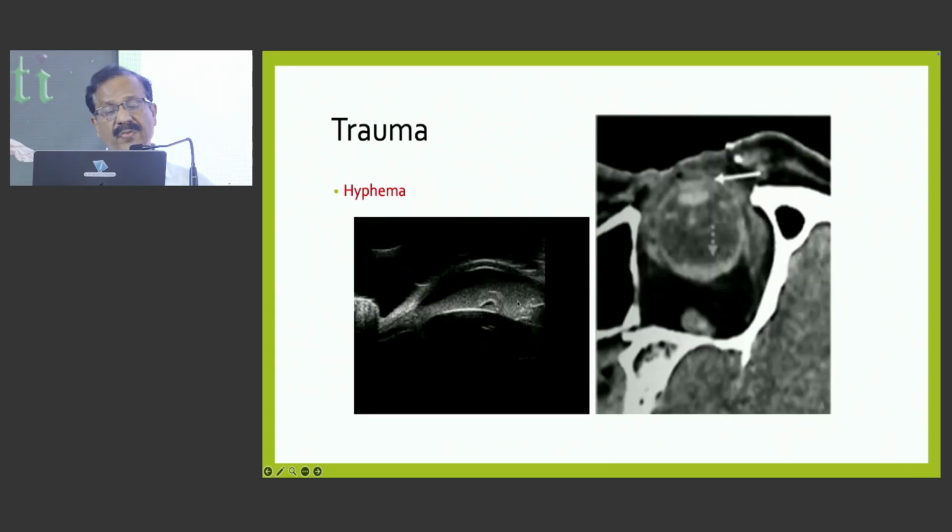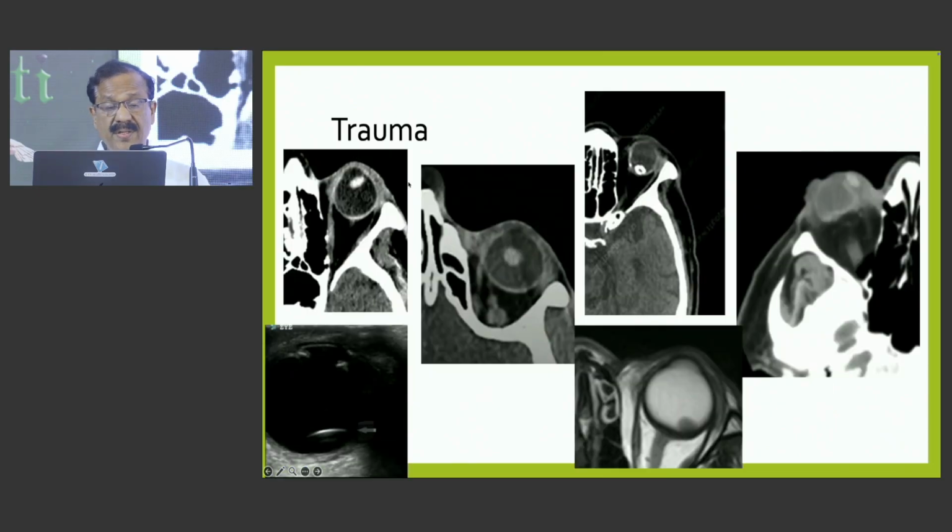Hyphema is presence of blood in the anterior chamber. We can see the lens here. This is the lens, and the anterior chamber shows blood. CT scan of the same patient. Trauma to the lens can cause subluxation like this or posterior dislocation.